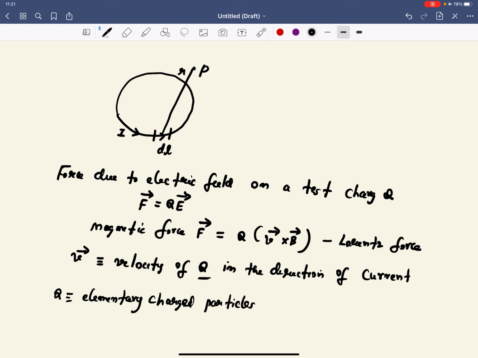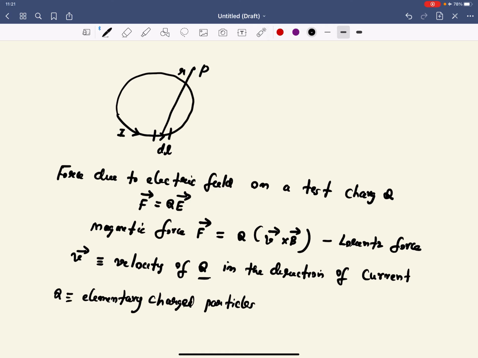We'll try to find the corresponding magnetic force. Let's try to understand this magnetic force, what it means, what its physical significance is, and what kind of experiments we can do to observe it. This is what I'm going to discuss.